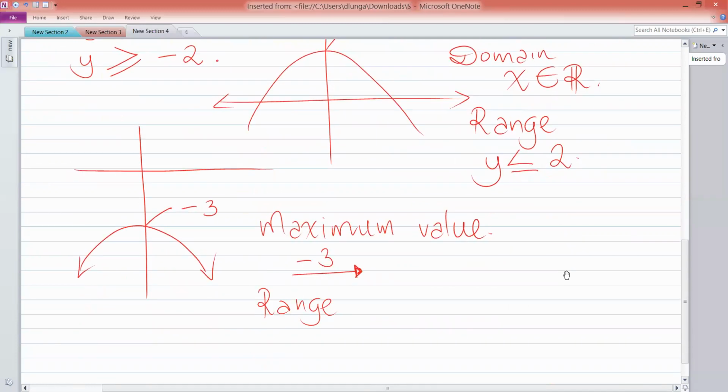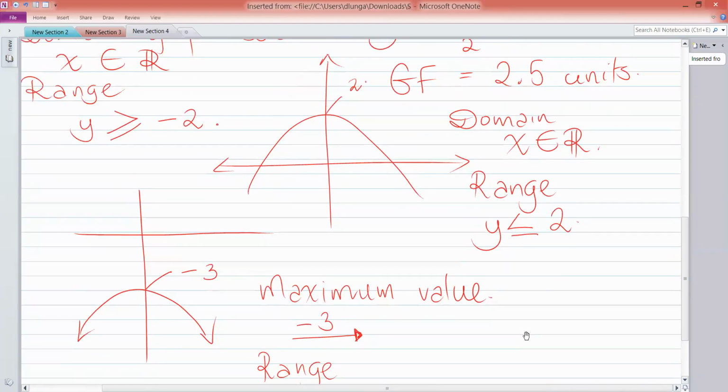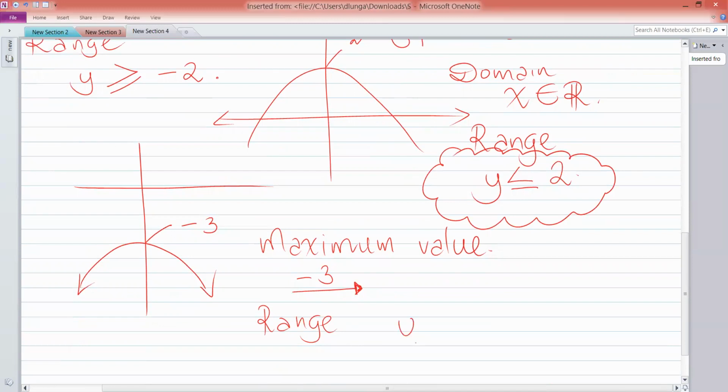The range, same thing. What do you guys think? Now, this one's going to be different. It kind of looks like the one that we just did, but there's only one thing that's going to be different. So here, range y is also less than or equal to -3, like that.